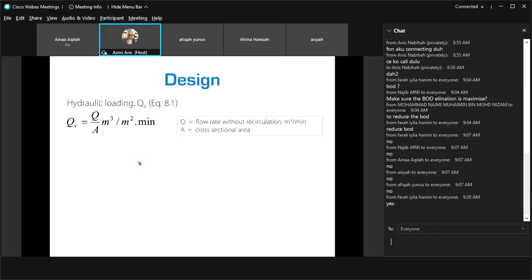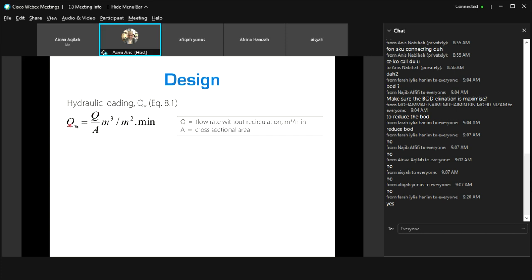This is the design of the activated trickling bio tower. After this, trickling filter and bio tower have the same design process. So this is the hydraulic loading. Okay, all these are in your notes if you download it. So the hydraulic loading is equal to Q, the flow rate, divided by the surface area of the media.